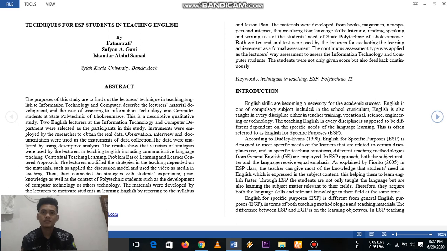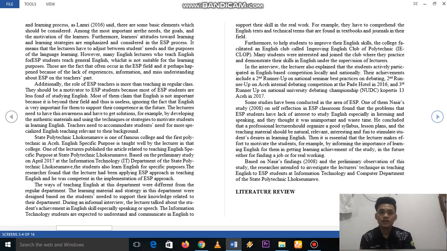Next section is introduction. English skills are becoming a necessity for academic success. English is one of the compulsory subjects included in the school curriculum. English is also taught in every discipline, either in teacher training, vocational, science, engineering, or technology.